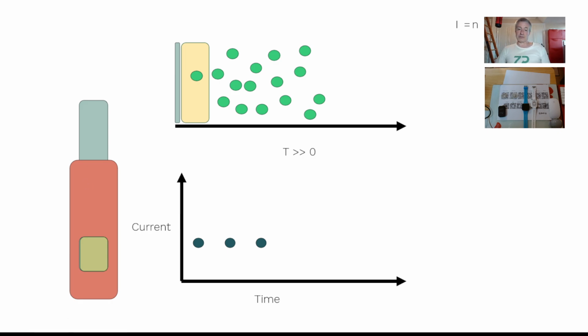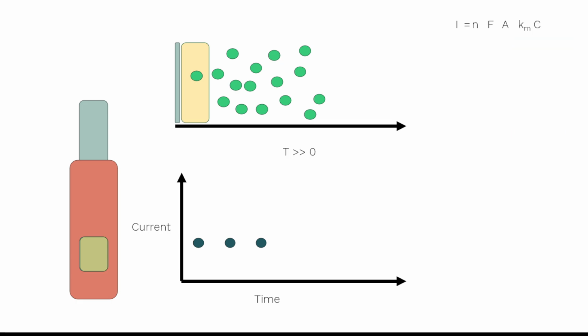N, F, A, Km, C. That's the same equation that I used earlier on, but I just want to explain that Km now means something slightly different here. So we've got current, N is number of electrons, F is Faraday's constant, A is area of electrode, that's what you're essentially manufacturing, or you have manufacturing control on.